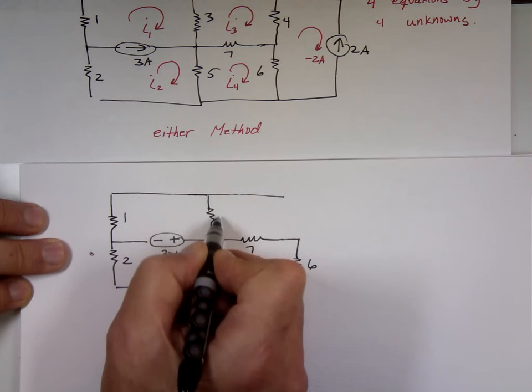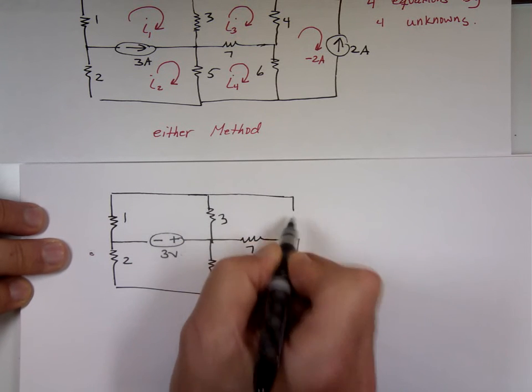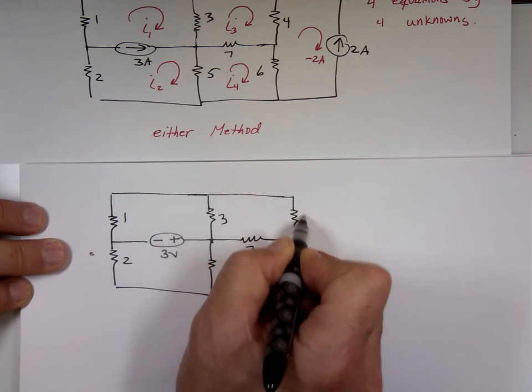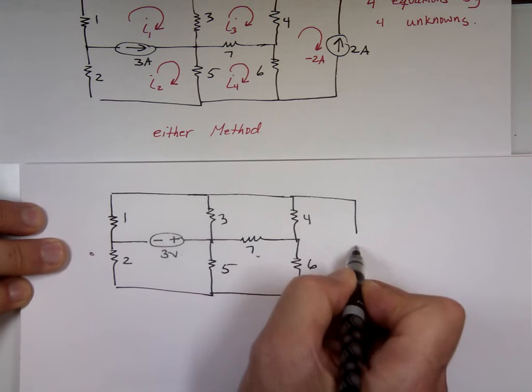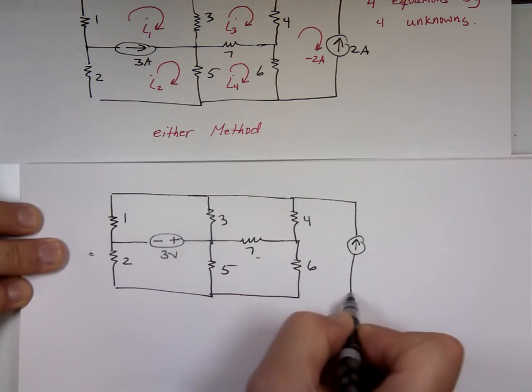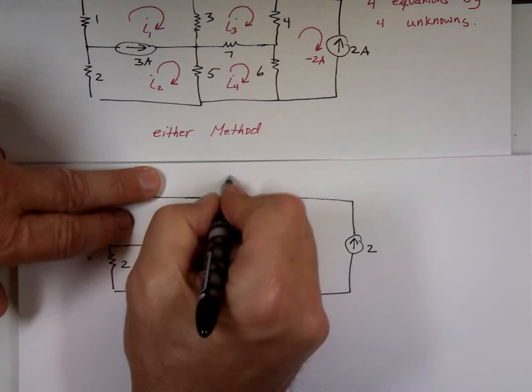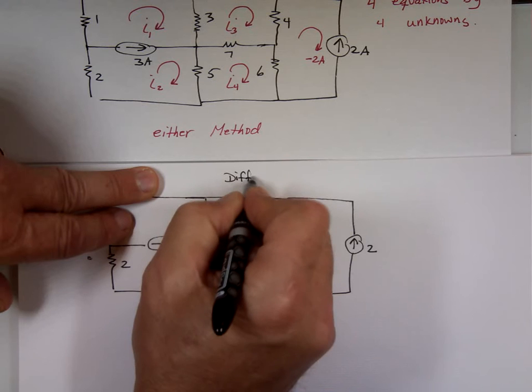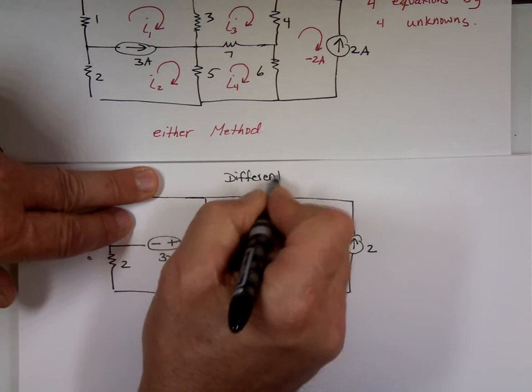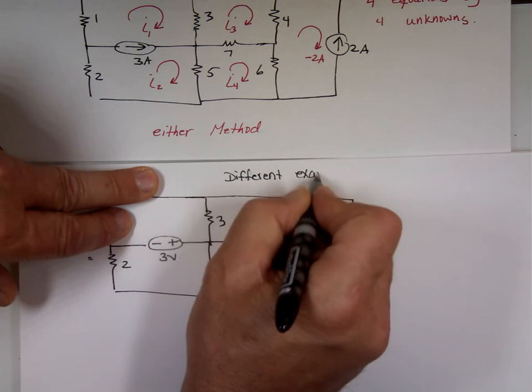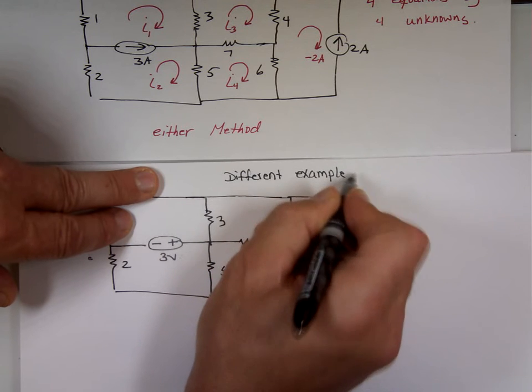Maybe I should write on the top different example. Different example. Because they might think they're watching the solution to the first one.